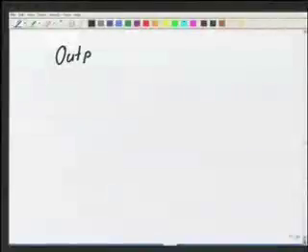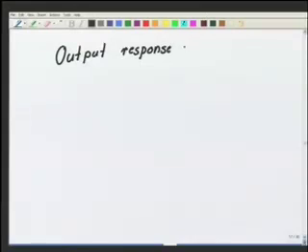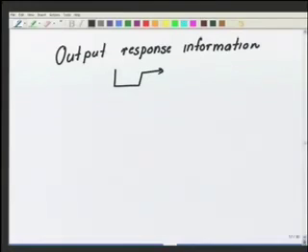So output response info. Okay. So here we may output direct information or some processed information.